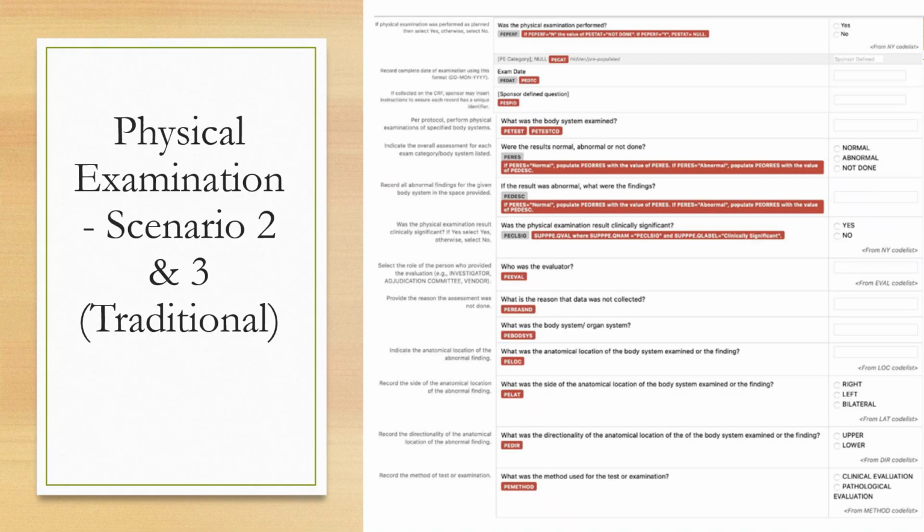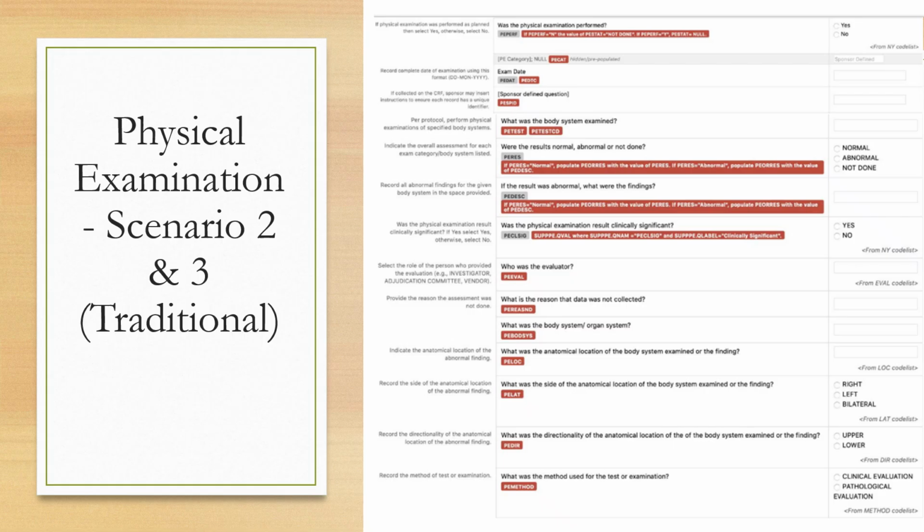Now let's see scenarios 2 and 3, which represent the traditional way of collecting physical exam data. In scenario 2, the physical exam CRF is used to collect the data for both baseline as well as post-baseline visits. That means the investigator records the physical examination results at screening as well as at the subsequent visits during the study.